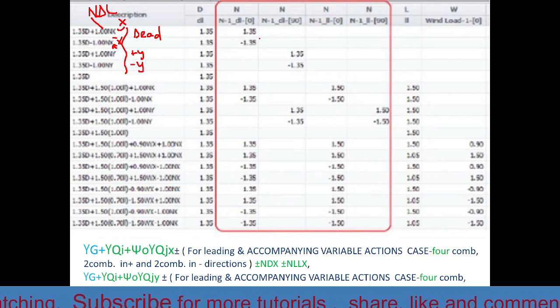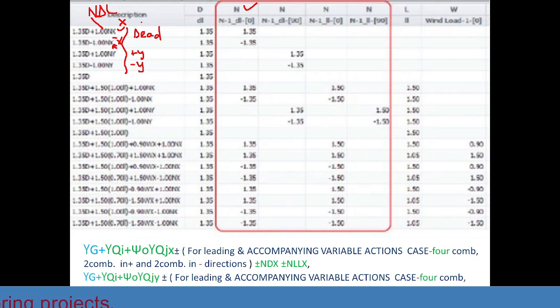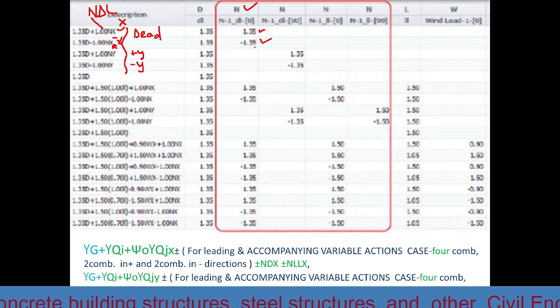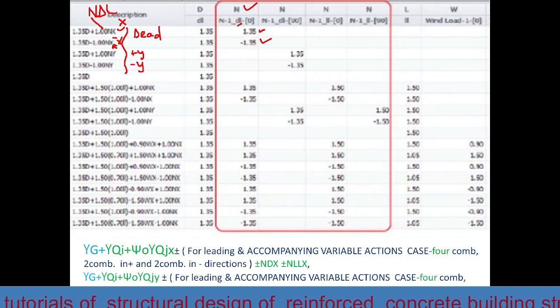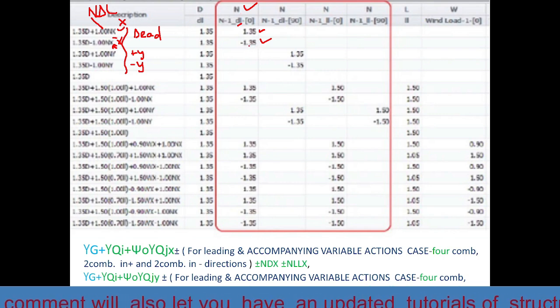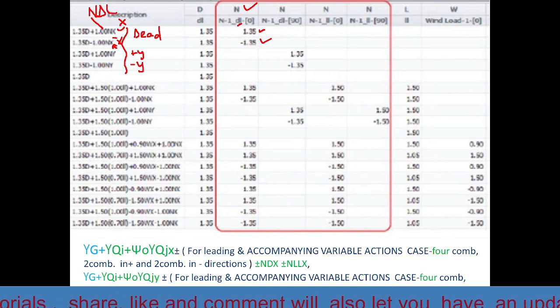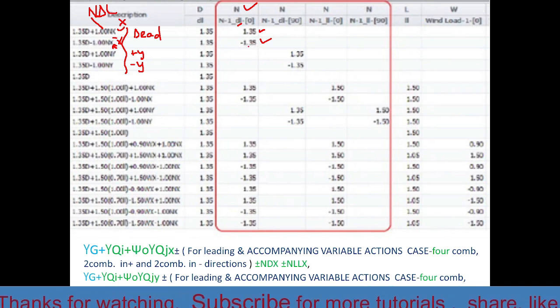And when we come to the combination factor, for the dead load here, the notional load, the factor for the notional load in x positive direction is 1.35, and in negative x direction it is minus 1.35. So 1.35 times the dead load will provide the notional load in x positive direction, and 1.35 multiplied with the dead load will provide the notional load in negative x direction.